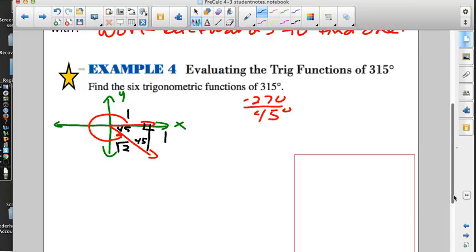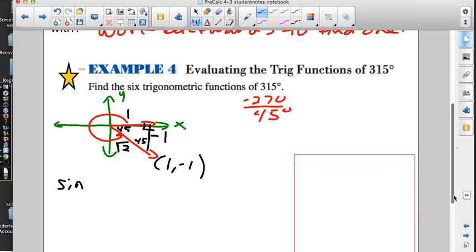We need a negative every now and then. Which of these needs the negative? Down, negative 1. So we could say, hey, this is the point 1, negative 1, and we could use coordinate trig, or we've already got the thing drawn. We could just use SOHCAHTOA for whatever it is they want us to find.